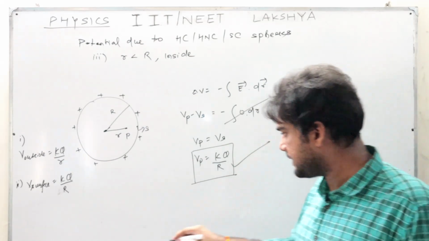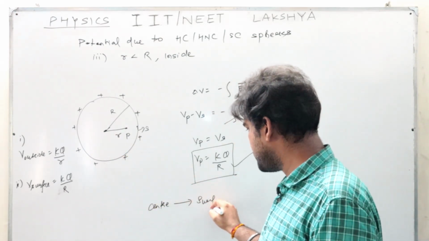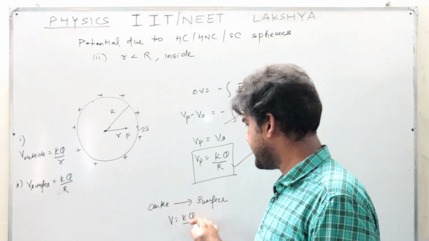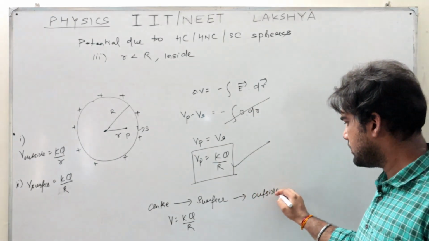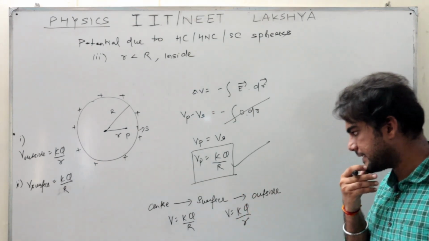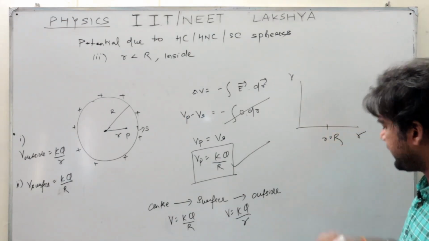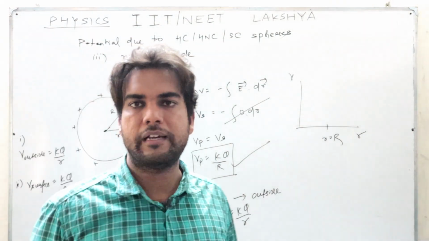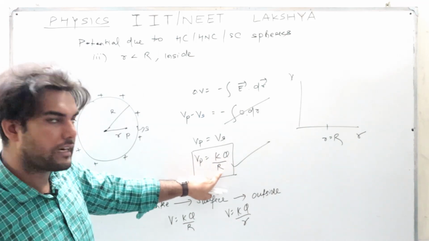So what I can say is that from the center of the sphere to the surface of the sphere, potential is constant, and that is kq by capital R, and then from the surface to outside the formula becomes kq by small r, depending on the distance. And if I have to plot a graph between potential and distance, let us say this is r equals capital R. From the center to the surface of the sphere, the potential will be kq by capital R, because it is constant.